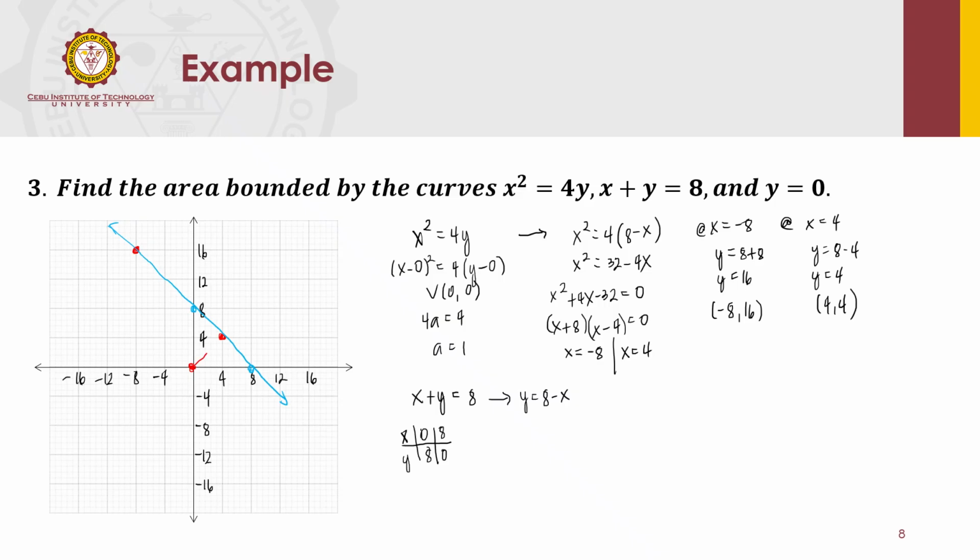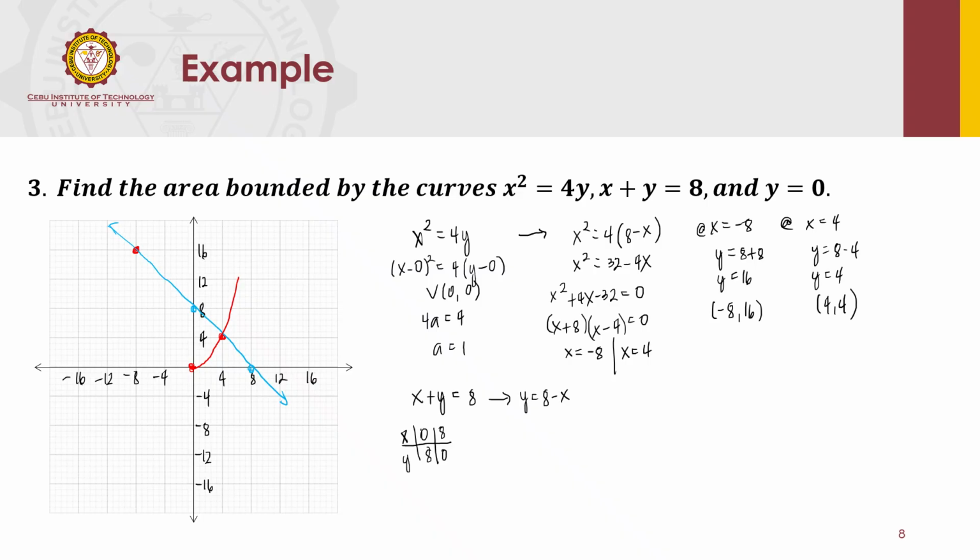So it's going to be passing through the first quadrant, and the second quadrant is through that second red point.